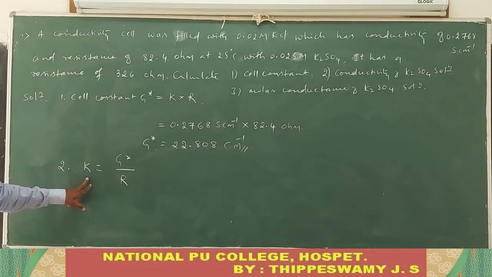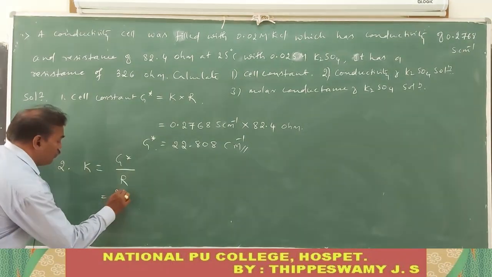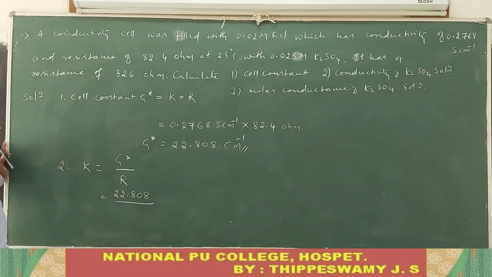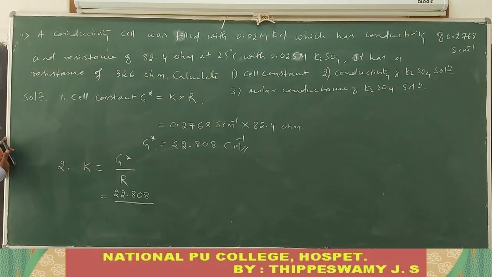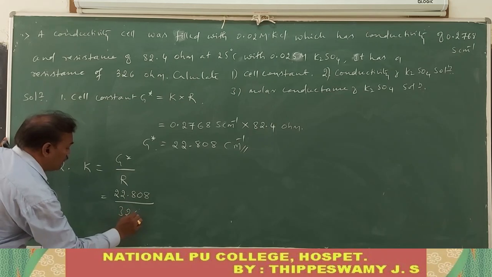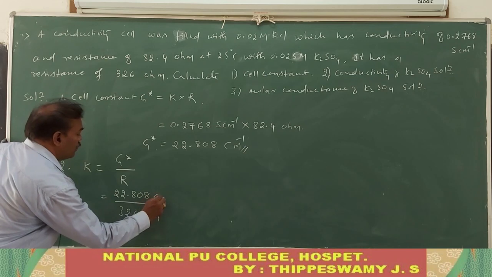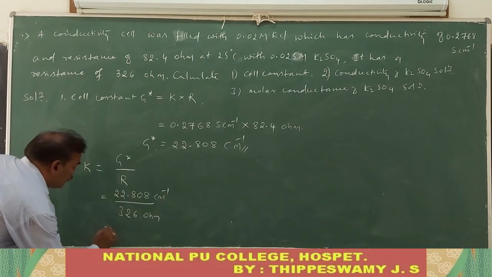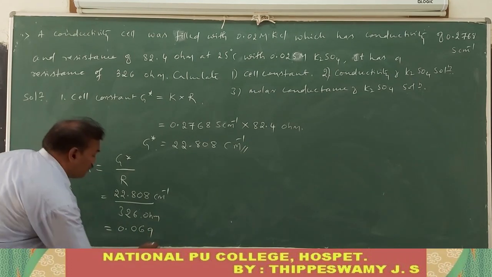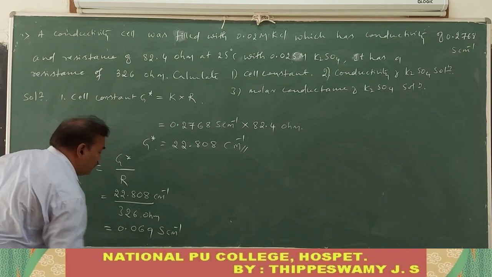To calculate the conductivity of the K2SO4 solution, we know the relation: K is equal to G star divided by R. You know the value of G star, that is 22.808, divided by the resistance of the solution of K2SO4 given, which is 326 ohm. Here we have to take ohm, and here per centimeter. This is equal to 0.069 Siemens per centimeter, which is the value of K.